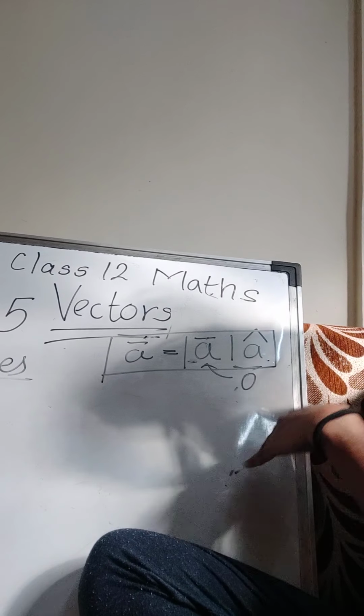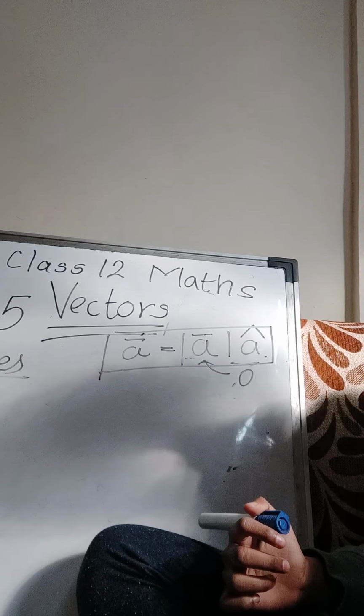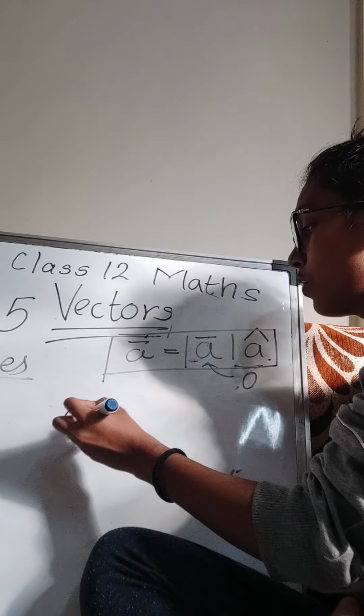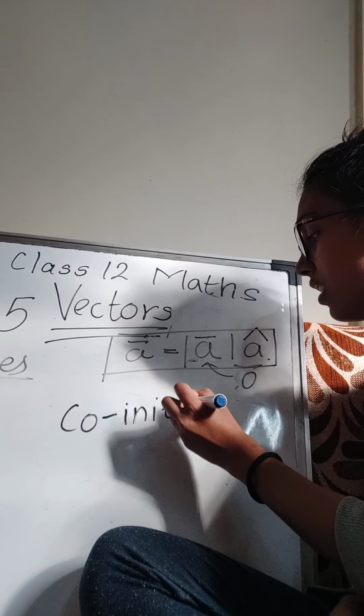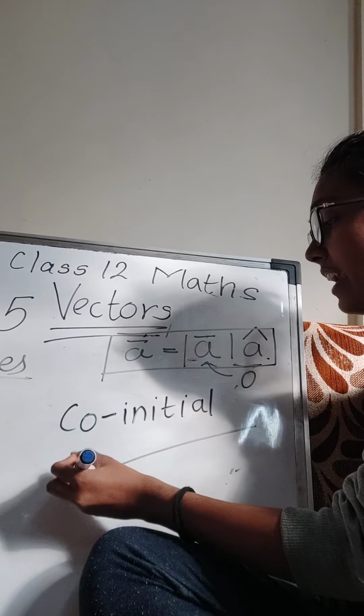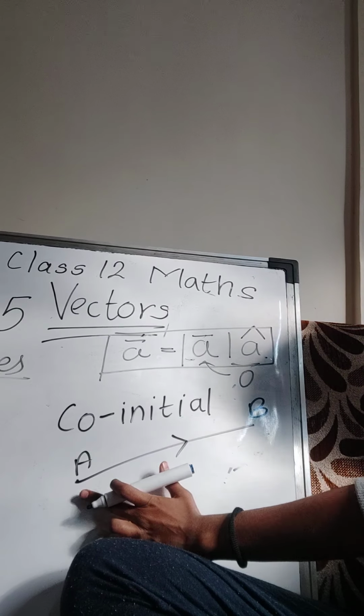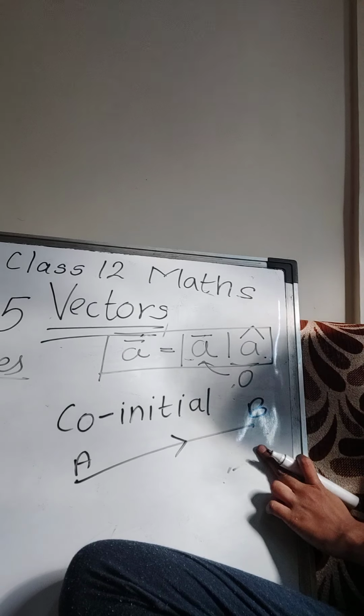Co-initial and co-terminal. This is very simple. Let me tell you. Co-initial. What does co-initial mean? I already told you that if I take this vector, this is the initial point and this is its terminal point.